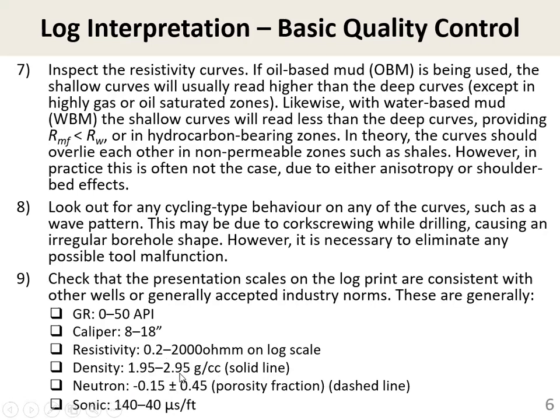You would see that there are times when it's not the case, and you see that in the example. For the neutron log, it's about 60 porosity units for the interval, minus 0.15 to 0.45, and then for the sonic log, 140 to 40.